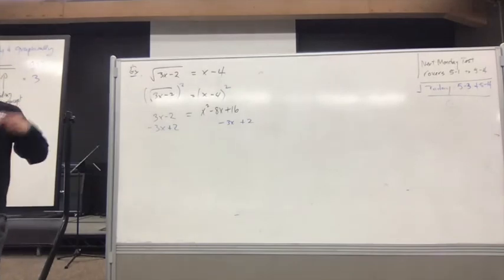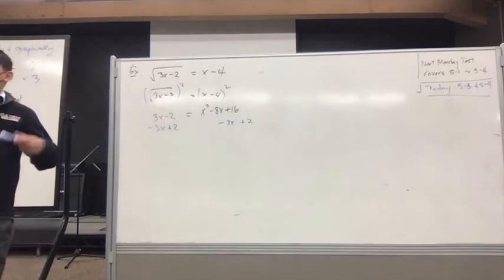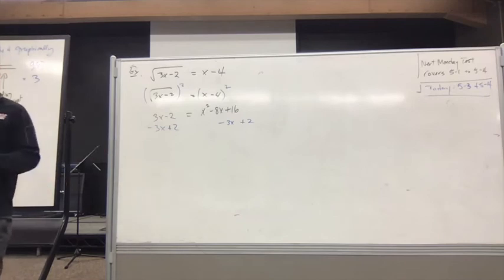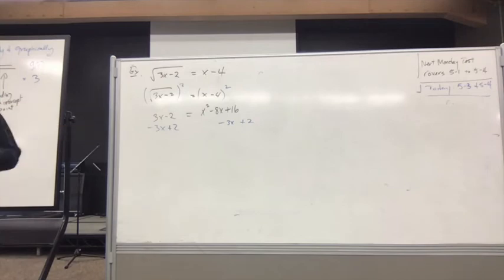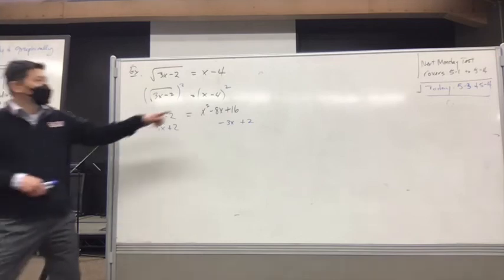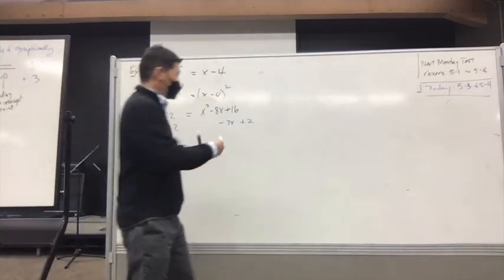If you're not very proficient in this, make sure you write these steps down. I'm writing more steps than I will usually do when I solve problems, for your sake. Okay? Oh, where's the 8x come from? This is x squared minus 8x plus 16.